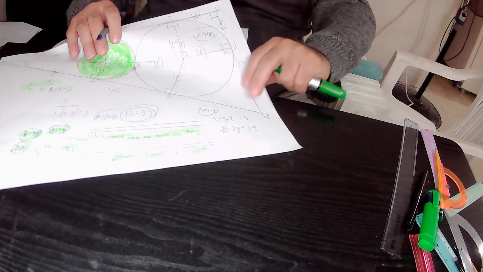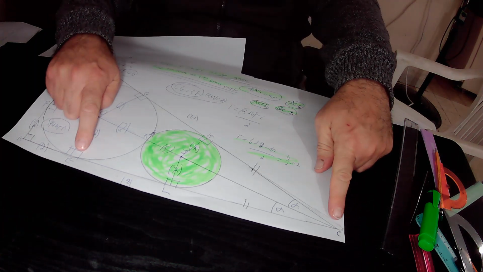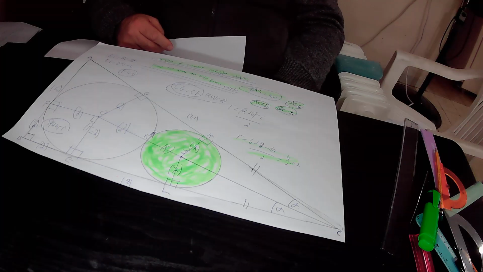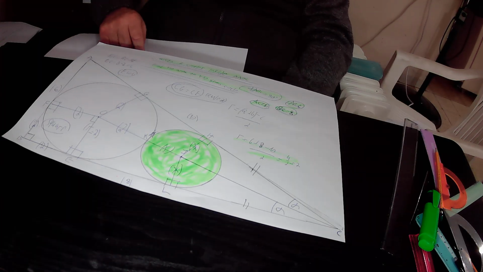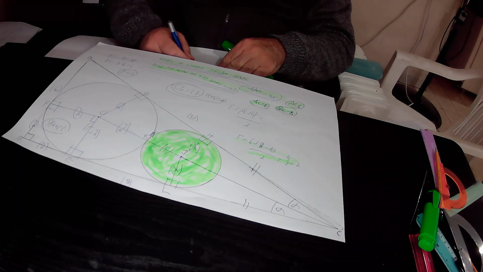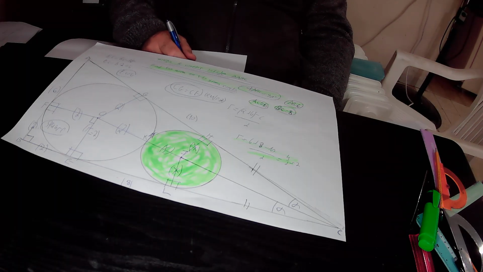And again, EC equals 6 units in length. The next step, we implement the Pythagoras theorem on this right lower triangle OEC. Here PT is the operation for Pythagoras theorem.